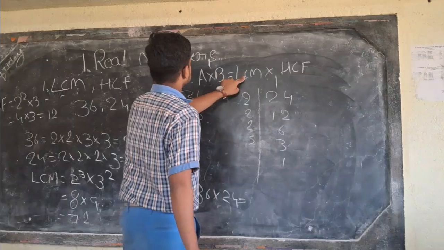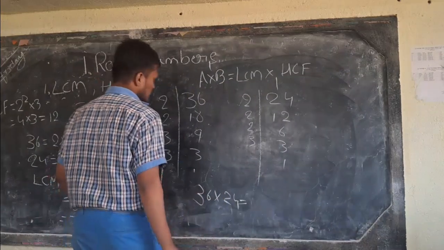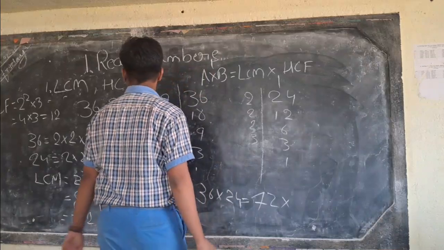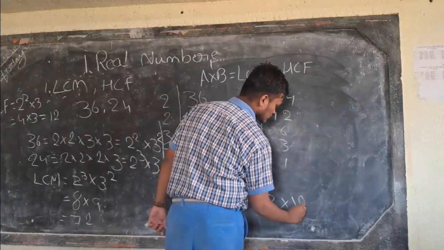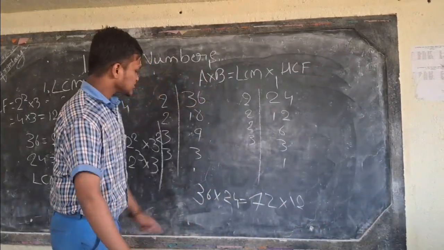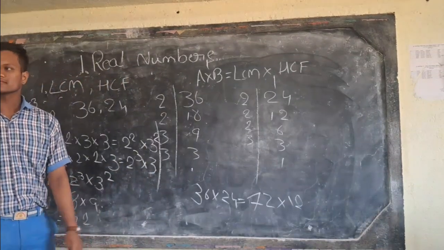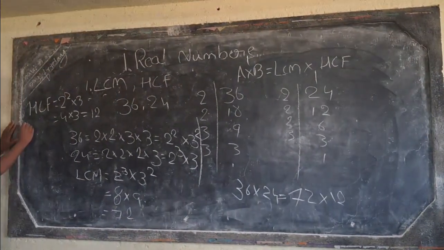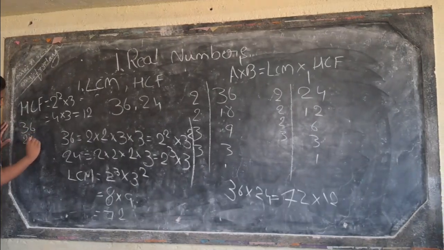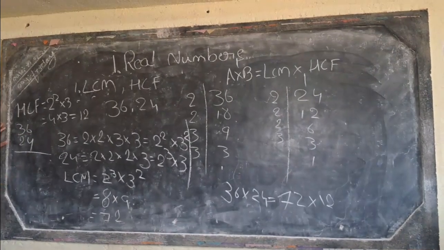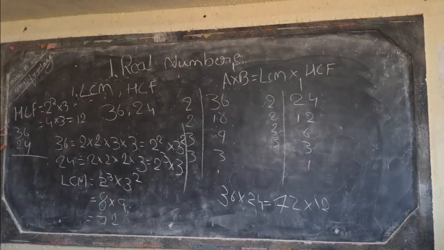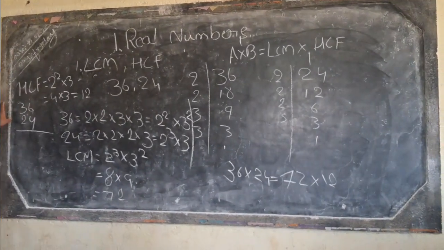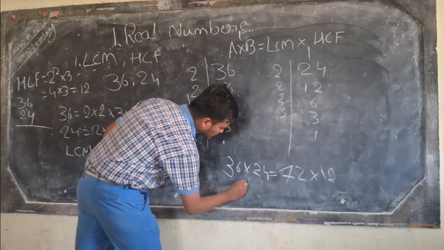And value of LCM? 72. Value of HCF? 12. Then multiply 36 into 24, how much? Fast. 864.